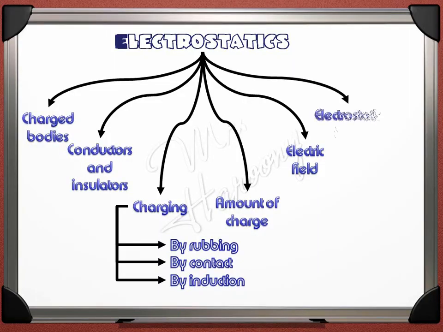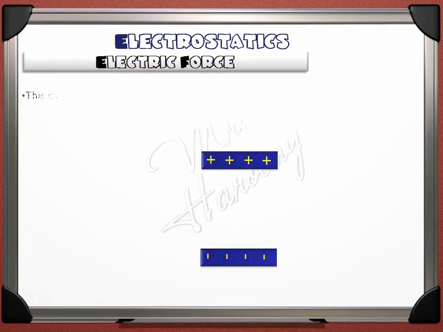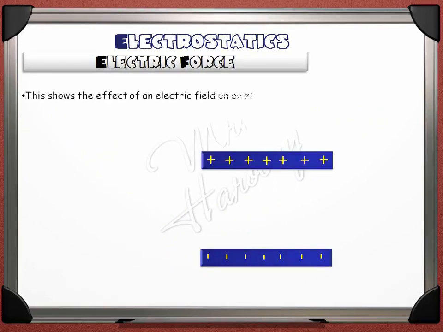This part talks about the electrostatic force between charged objects. This shows the effect of an electric field on an electric charge. If a positively charged particle, for example, moves in an electric field between two opposite charged plates, the particle will be repelled from the positive plate and attracted to the negative plate.